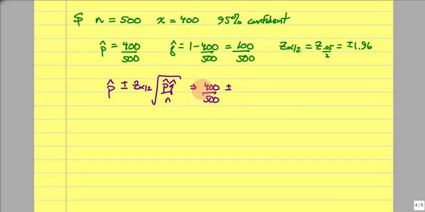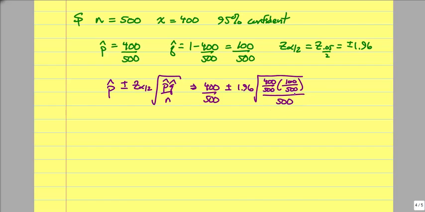This could certainly be reduced, but we don't want to have to round it. Plus or minus my confidence factor of 1.96 times the square root of p hat q hat over n, and n was my sample size.